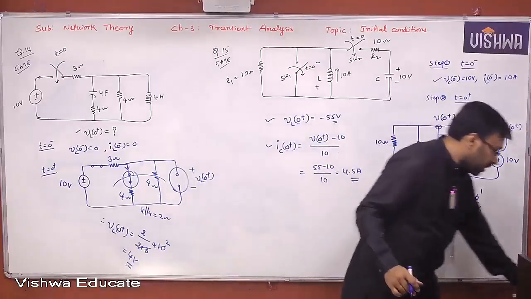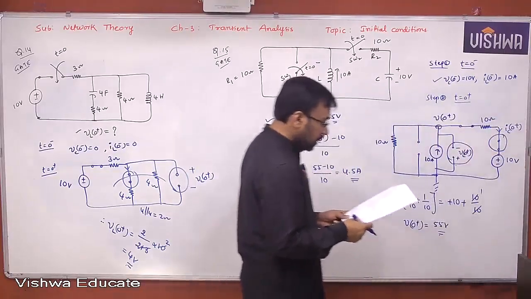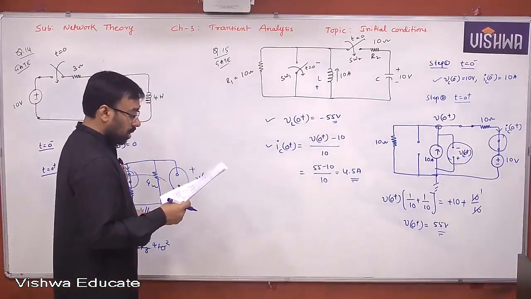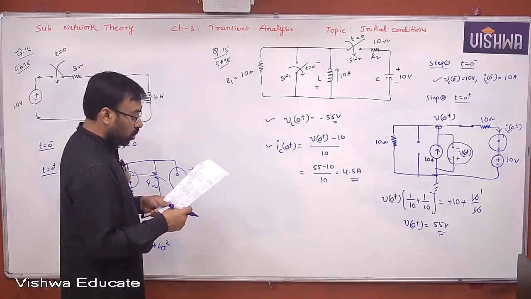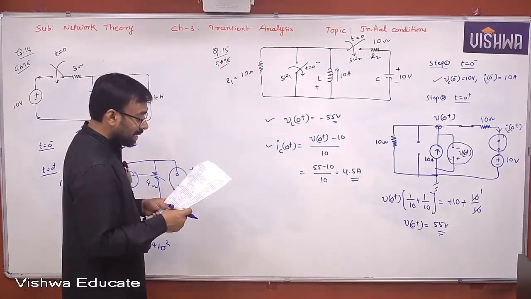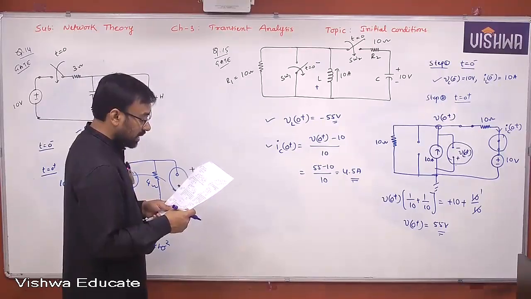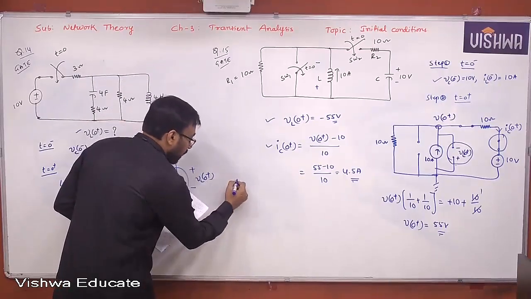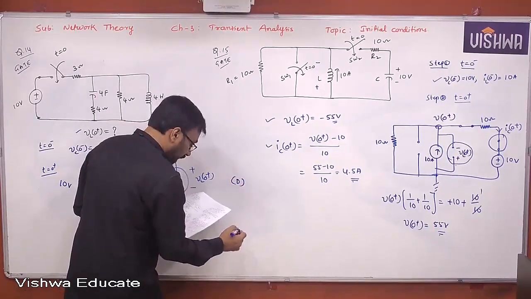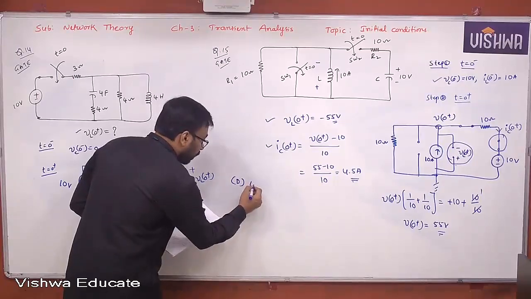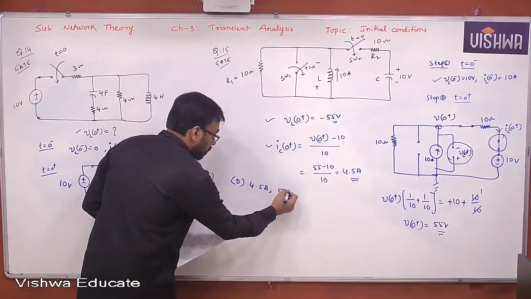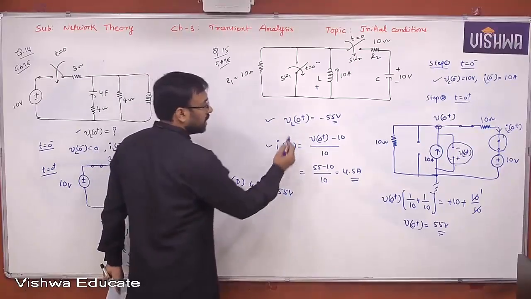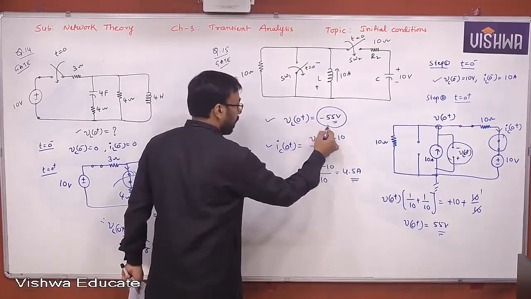But look at the options given. Option D, when you look at current through C and voltage across L at T equal to 0 plus, is 4.5 amperes, comma 55 volts. But what is the voltage across the inductor, is it 55 or minus 55? Minus 55.